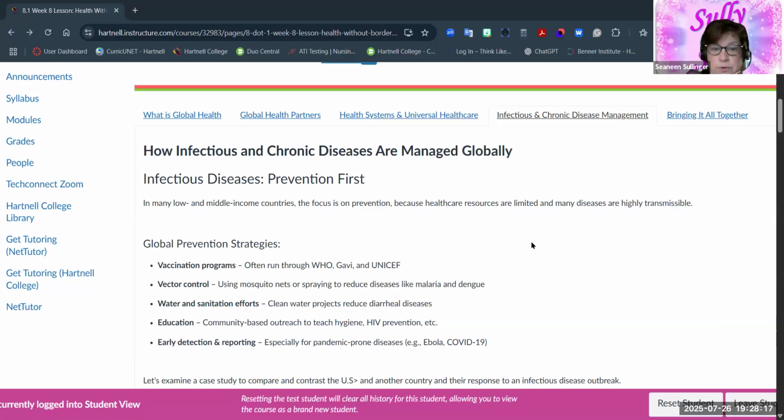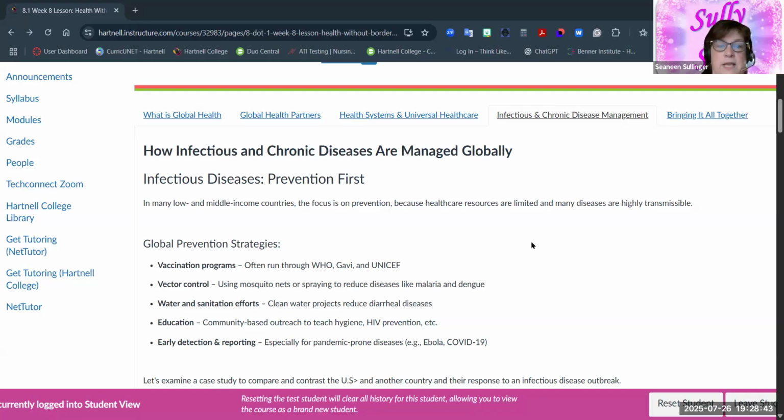Run through these World Health Organization strategies. Vector control, the vector is the organism that carries the disease. When you think about mosquitoes, for example, they carry diseases like malaria and dengue fever. You have to actually get vaccinated against malaria and dengue fever when you're going to countries where those diseases are prevalent. But if they have spraying and nets and the vaccines, that is vector control.